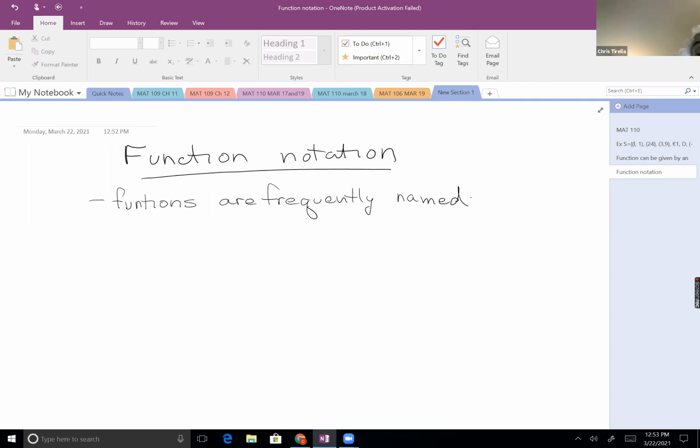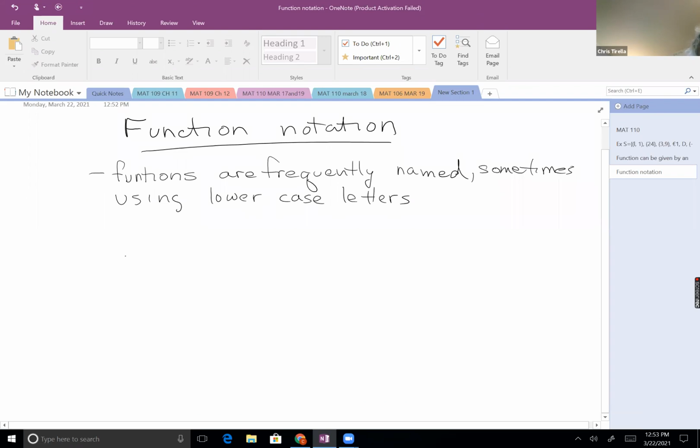But other times, functions are named sometimes using lowercase letters. A lot of times for a function, you see an f. So let's say, for example, we have this function f, and f is the function y equals 4x plus 5.